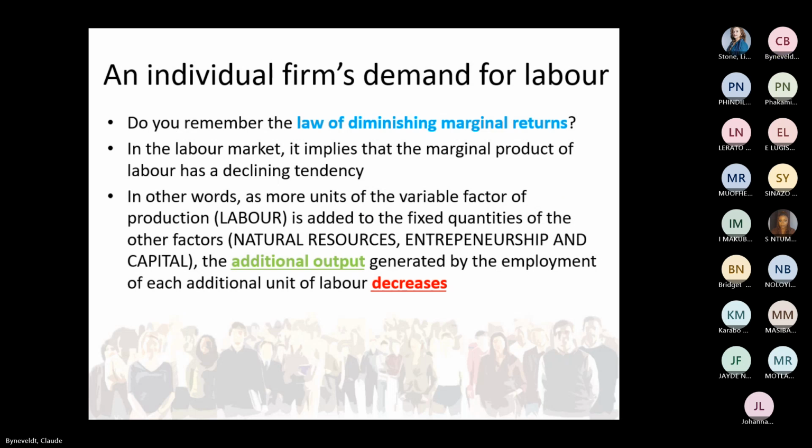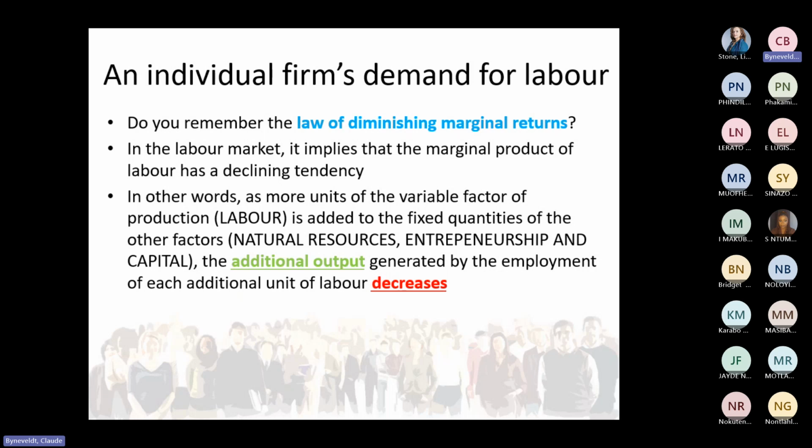Then you have to remember the law of diminishing marginal returns. Remember, in the case of the law of diminishing marginal returns, what happens in the labor market? It implies that the marginal product of labor has a declining tendency. So when you go back to the law of diminishing marginal returns, which we have dealt with in the previous learning units, total product will decline as more labor is being employed.